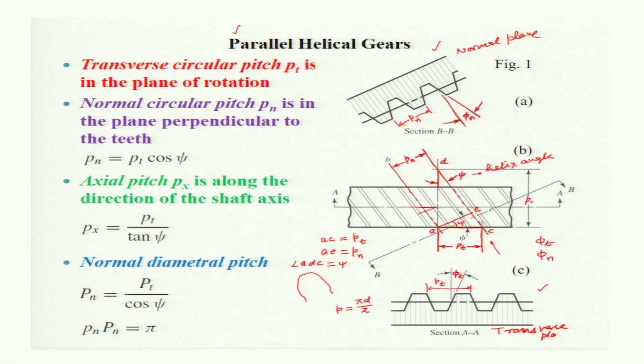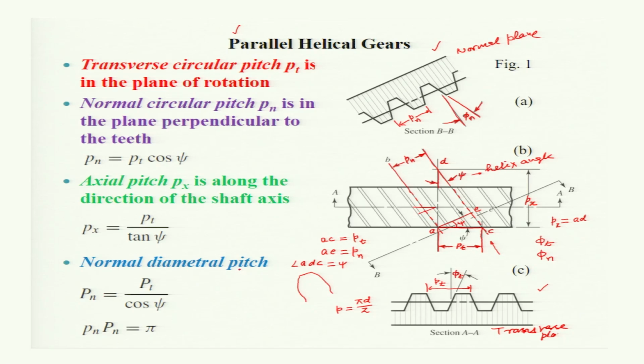Another term is coming. Axial pitch Px is equal to AD. Now this AD you can find in terms of this Pt. Tan psi is equal to AC divided by AD, and thus AD is Px. So, Px is equal to Pt divided by tan psi.